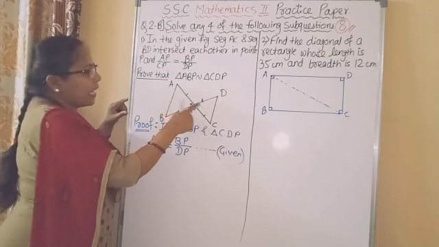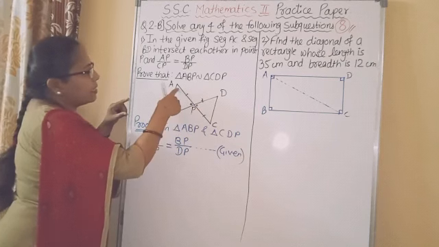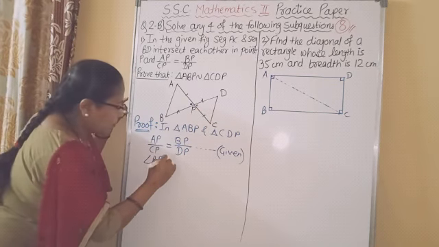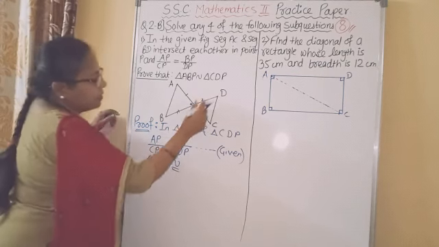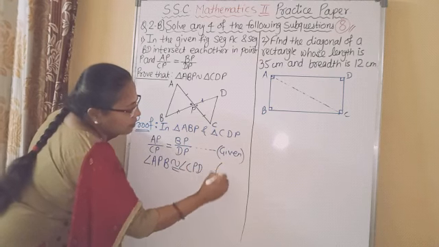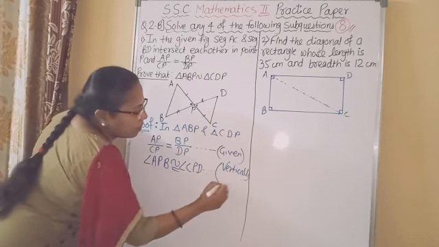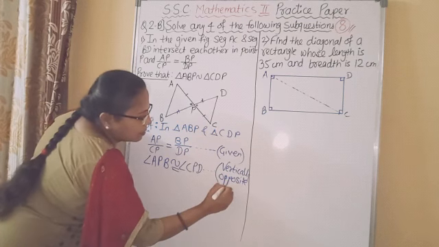And the third part is vertically opposite angles. Angle APB congruent to angle CPD. Reason, vertically opposite angles.